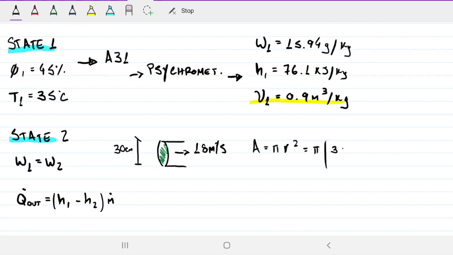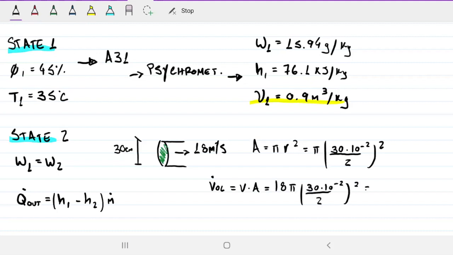It would be 30 times 10 to the minus 2 to have this in meters, squared. And we can calculate our volume flow rate, which is just the velocity times the area. In this case, 18 times pi times 0.3 squared over 4, which gives us approximately 1.27.